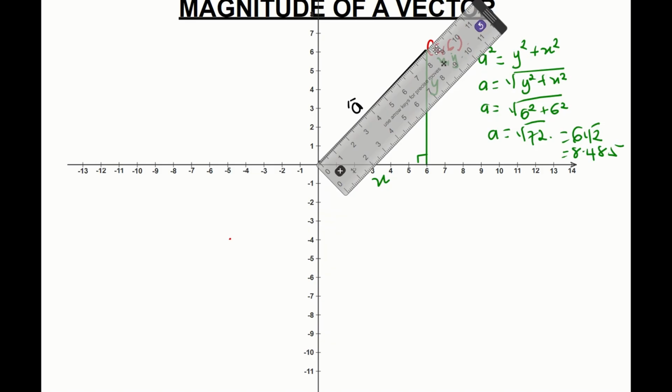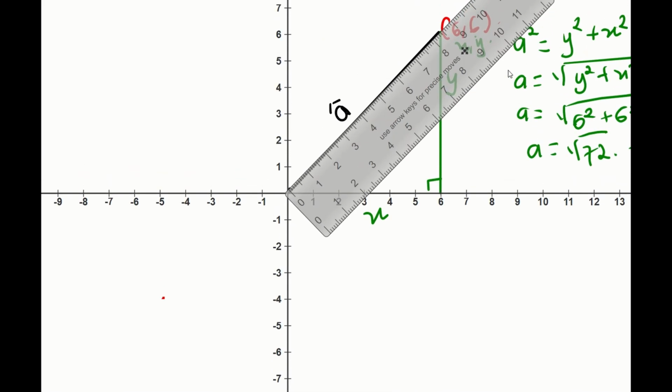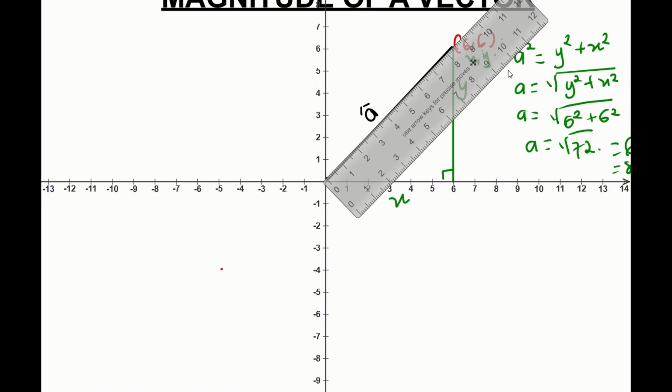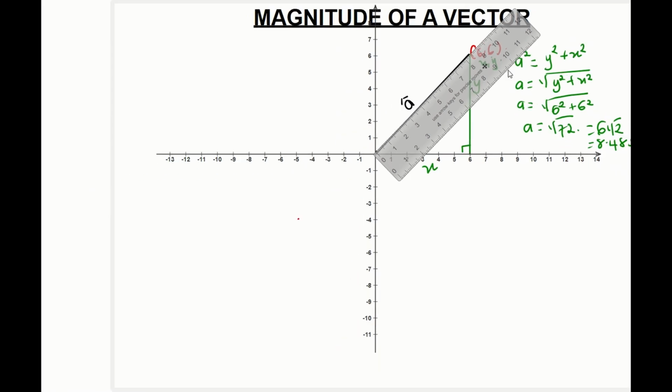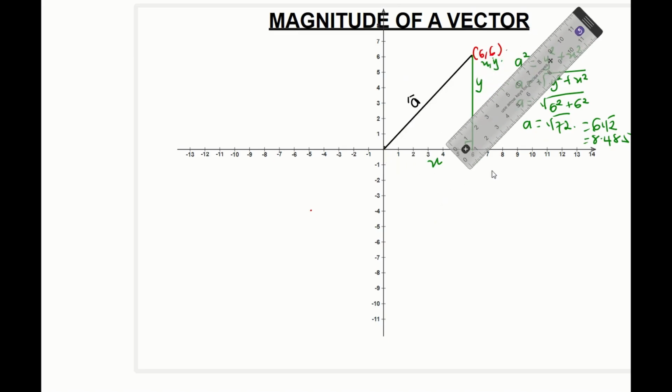We can see that the length of this is 8.45, almost approximating to 8.5. So we can identify that the length of that vector is 8.5.